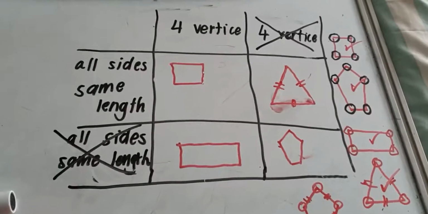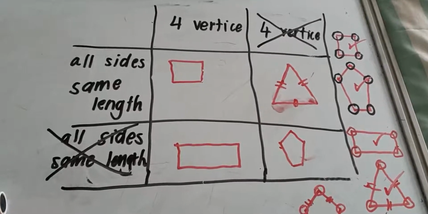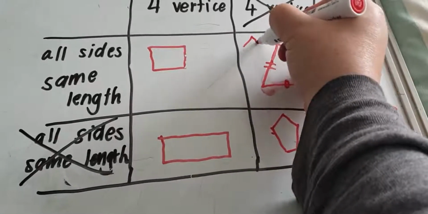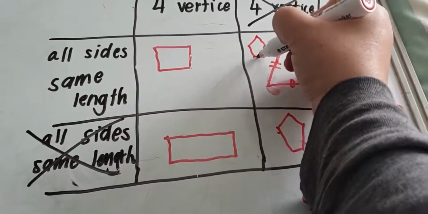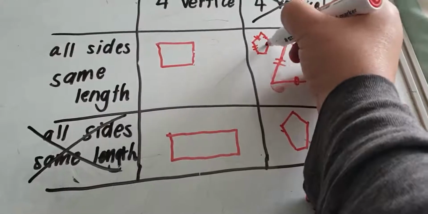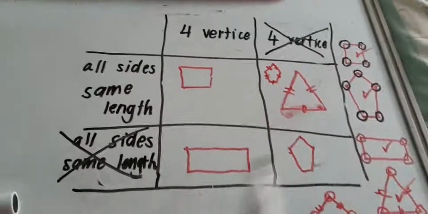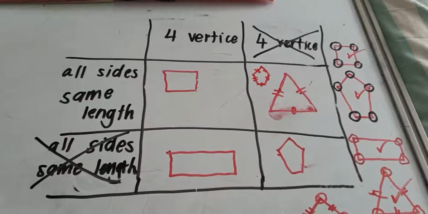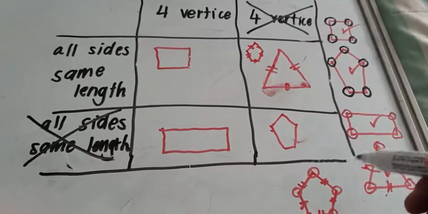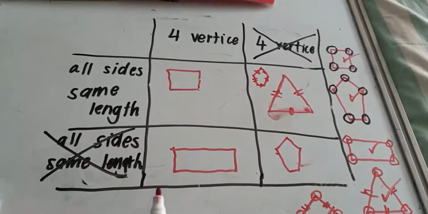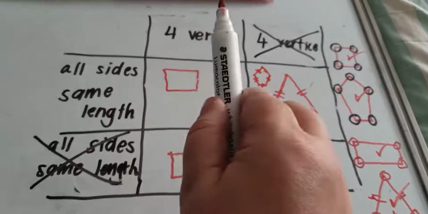It doesn't have 4 vertices, but all sides are the same. Yes, you're right. It's going to go in there. So there we go. I've organised the shapes I had into a Carroll diagram based on the titles that I was given.